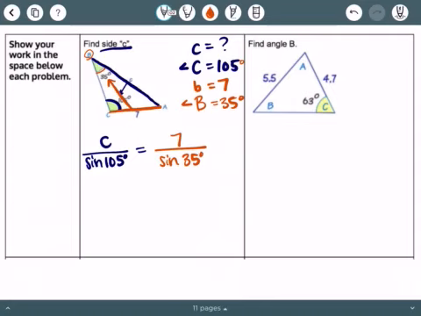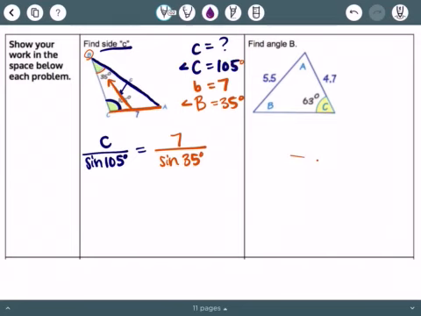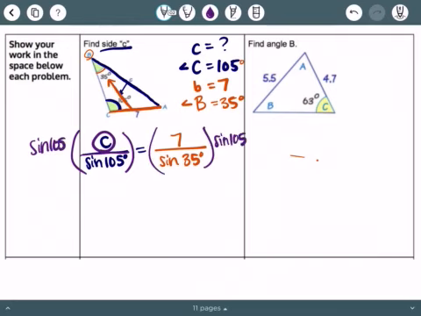And then once I have my proportion, I just need to solve. So I'll solve here in purple. I see C, I want to get C by itself. I see that it's divided by sine 105. So I'm going to do the opposite, which is multiply by sine 105 on both sides. That's going to cancel these and leave C equals.